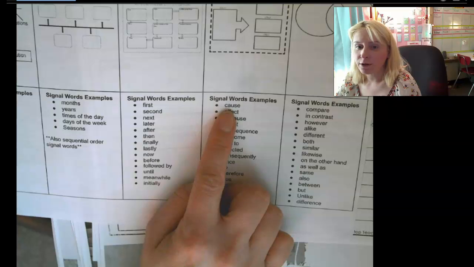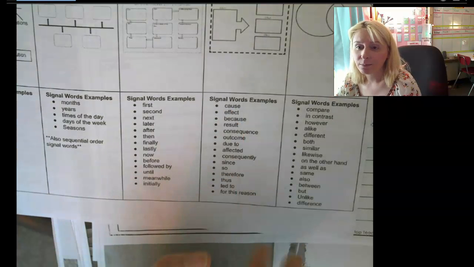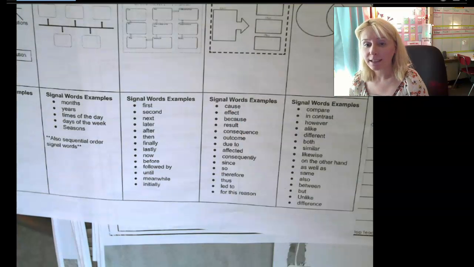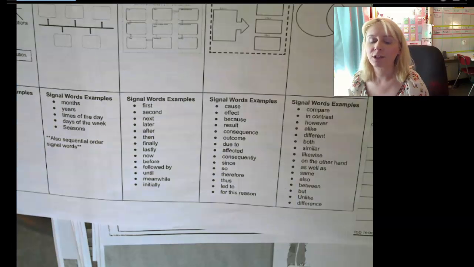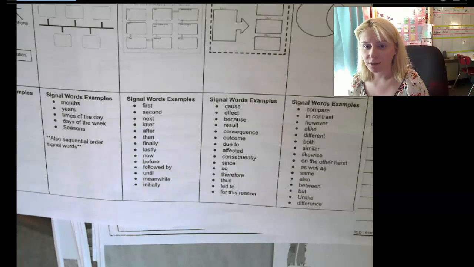All right, signal words. This is not all of them, but this is going to give you a good idea of what you should feel like, what the word should be conveying to you when it's cause and effect.